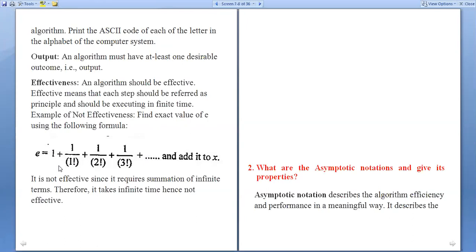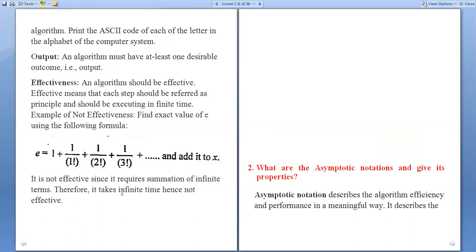What is effectiveness? Each step should be referred to as a principle and should be executed in a finite amount of time. But here, "and so on" means it may take a lot of time to find the value. So it is not effective since it requires summation of infinite terms. Infinite terms are there, and you want to add all of them, so it takes a lot of time.